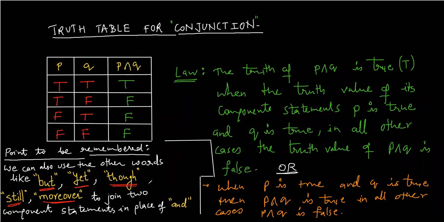Like suppose if I say, I want to go to Kolkata, one statement, and the trains are not running. So I used and here.